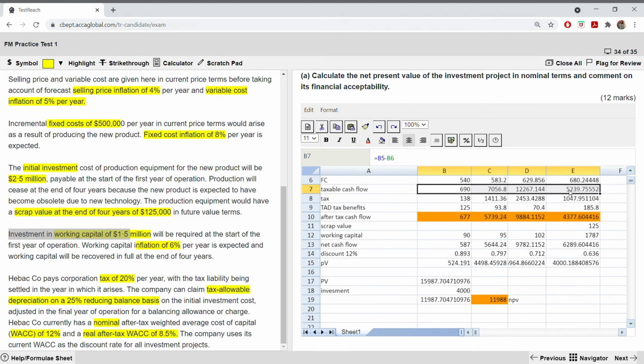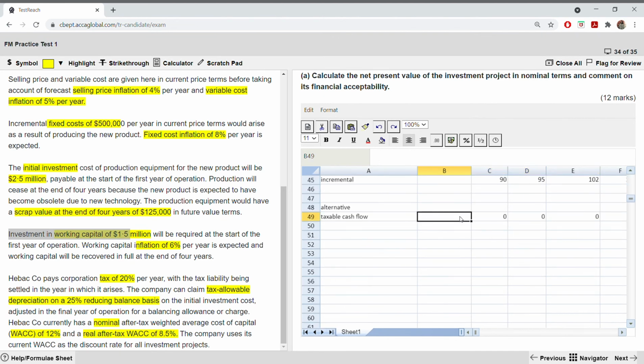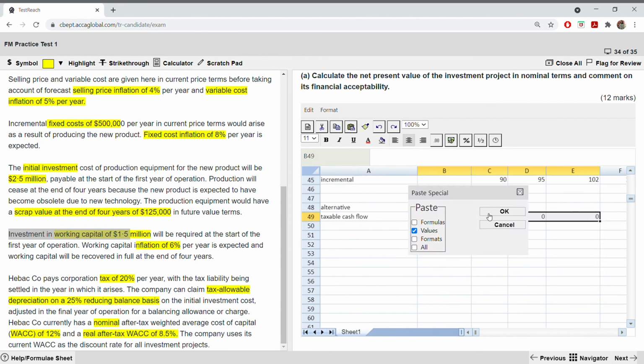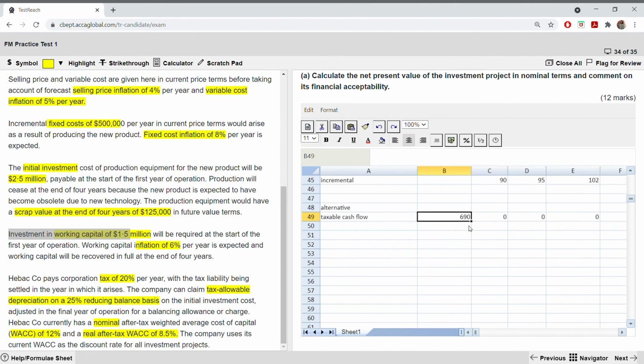Okay, you need to copy. Let us copy again.